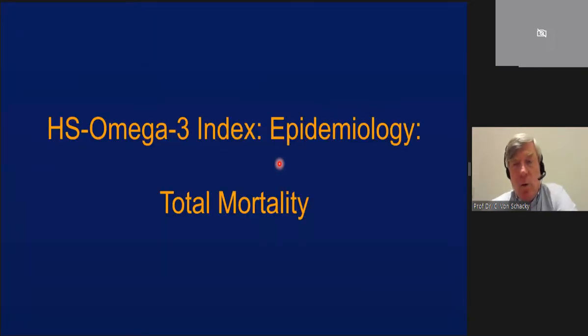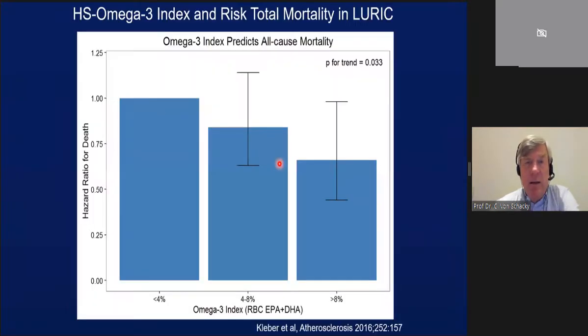And let me tell you what the levels mean. We have a number of epidemiologic studies on that. One of them was conducted in Germany. This is 3,500 individuals in the Ludwigshafen area. We determined the omega-3 index at the beginning and then waited for 10 years and related the omega-3 index to the total mortality occurring in about 1/3 of these individuals.